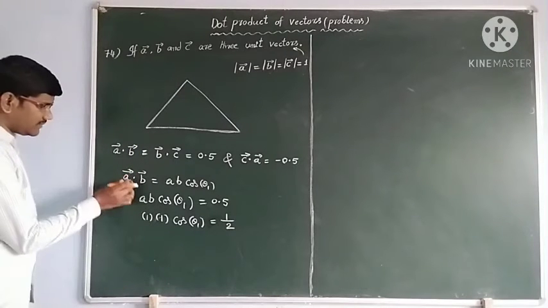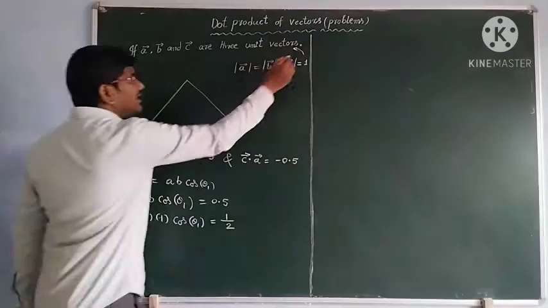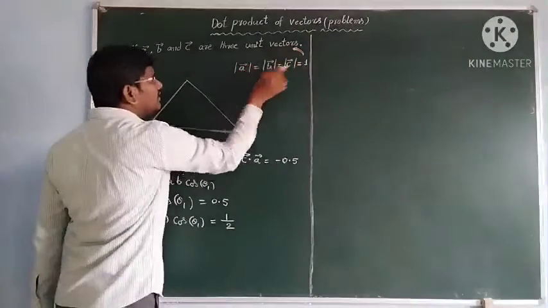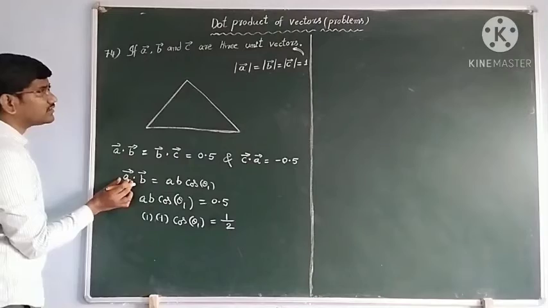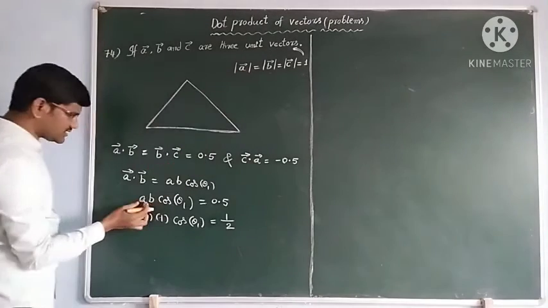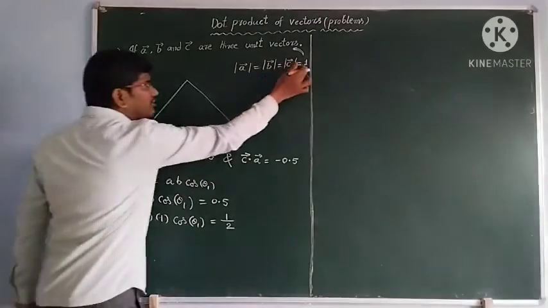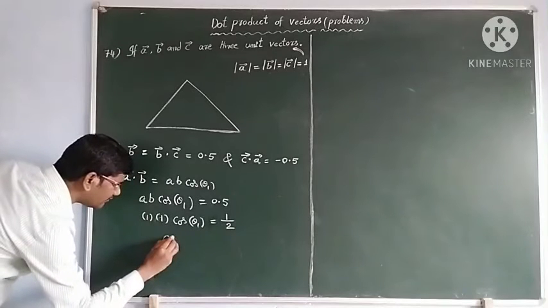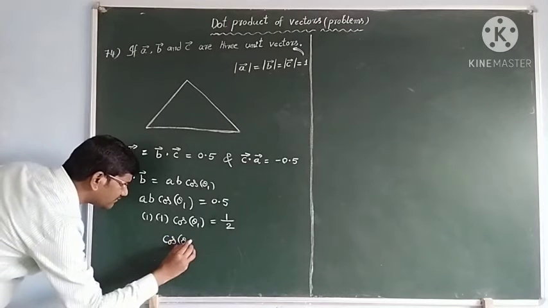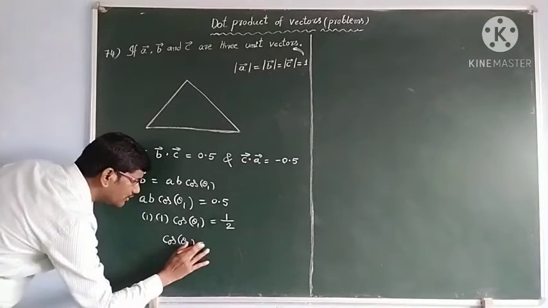Since a is the magnitude of the a bar vector and we know it is a unit vector, its magnitude is 1. So cos of theta 1 is equal to 1 by 2, we got it.